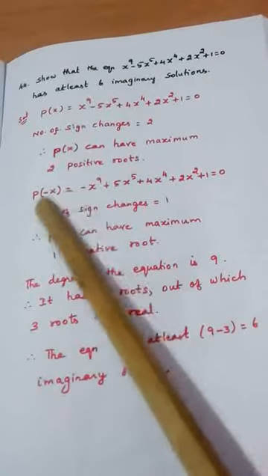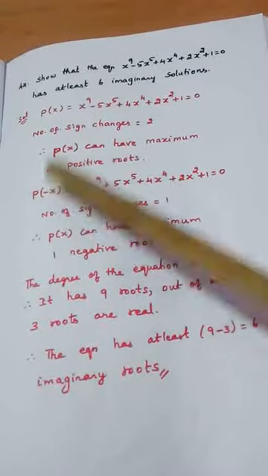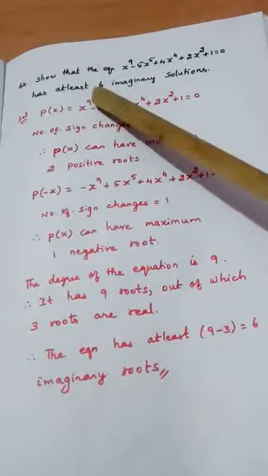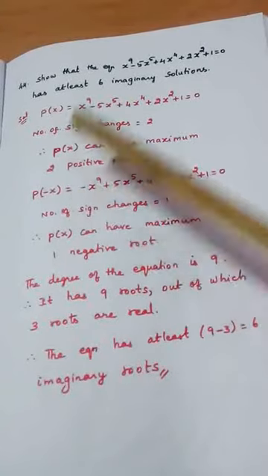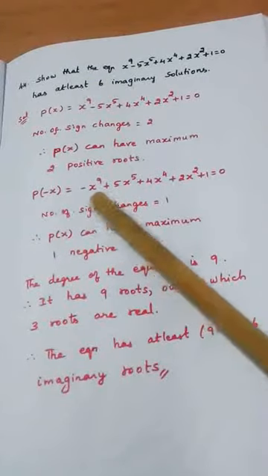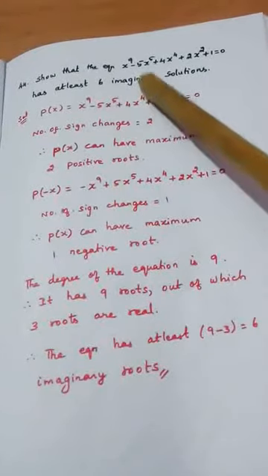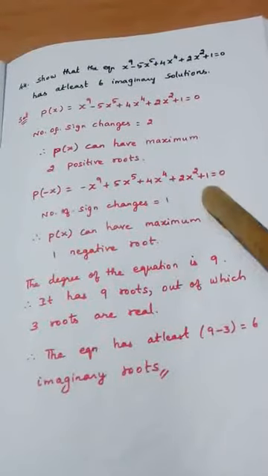P of minus x, what is the meaning? In p of x, replace x by minus x. So power is odd number, so sign change. Plus means I have to write minus. Since power is odd, sign will change. So minus 5 will become plus 5. Even number, sign will not change. Even number, sign will not change. Constant, it will come as it is.